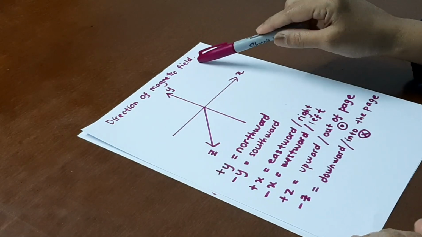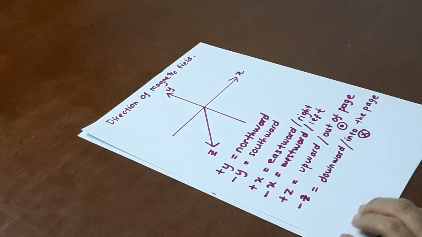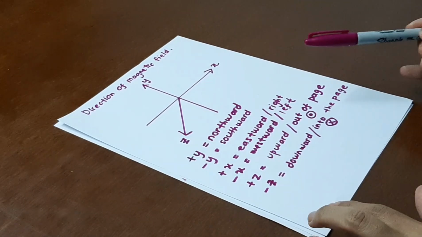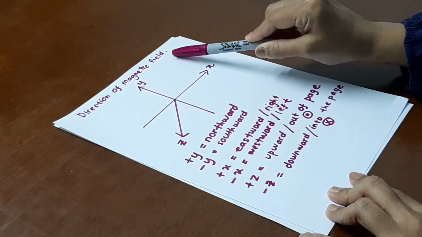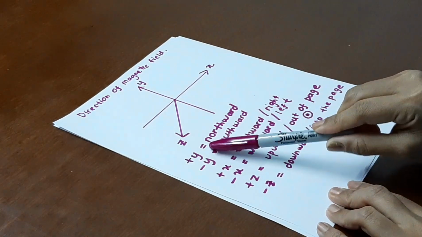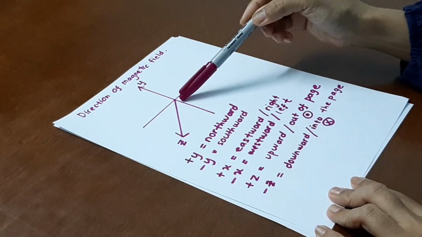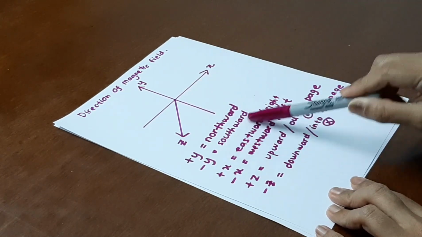Direction of magnetic field can also be expressed in terms of x, y, and z axes. Now let me show you. If the direction of magnetic field is along the y axis, we can say it is directed northward. If it is along the negative y axis, it is southward.